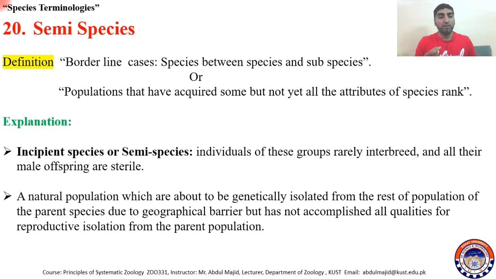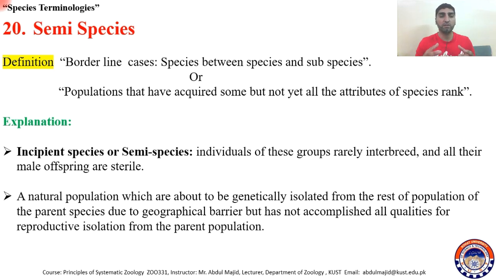Now, a natural population which is about to genetically isolate from the rest of the population, meaning from the parent population. For example, we always take this example: there's a parent population, and some of the species become isolated geographically, because of some barrier or some reason, so they will start differentiating.